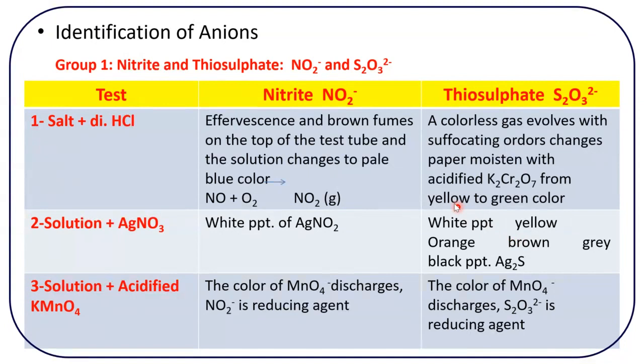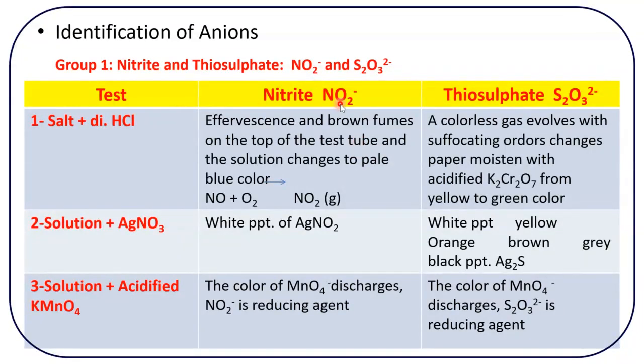Let us keep going with the first group, which is the dilute HCl group. The other two anions are nitrite and thiosulphate. The primary test is the salt plus dilute HCl, the group reagent. You will see effervescence in case of nitrite, with brown fumes on the top of the test tube, and the solution changes into a pale blue color. Why do you see these brown fumes on the top?